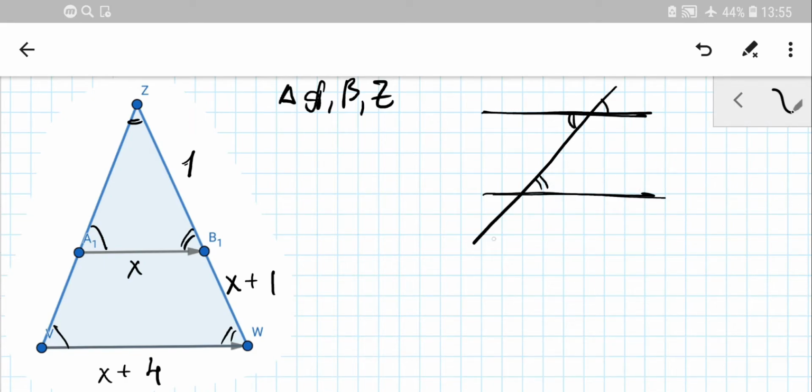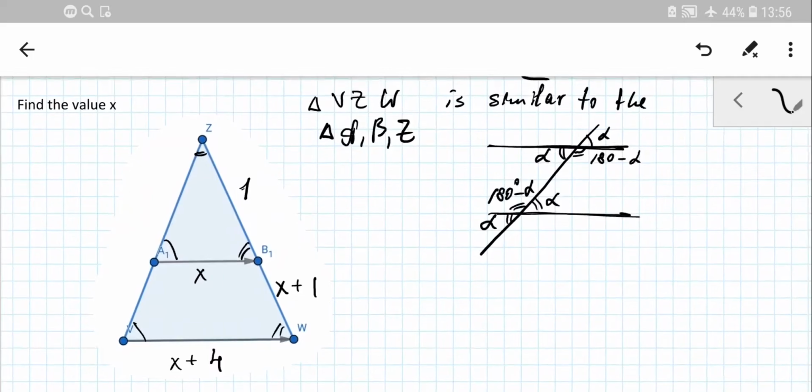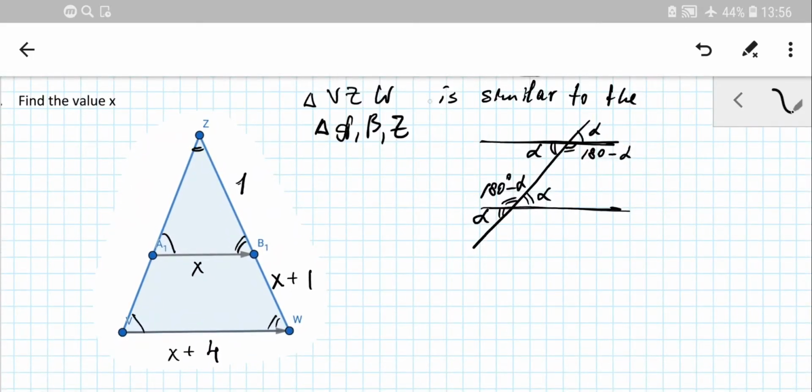If you consider that angle, let's say this is alpha, then 180 minus alpha is the adjacent angle. That's the quick reminder, and again those are vertically opposite angles.